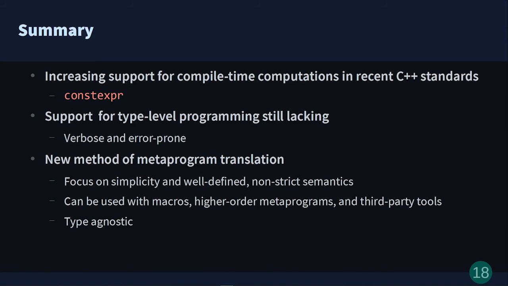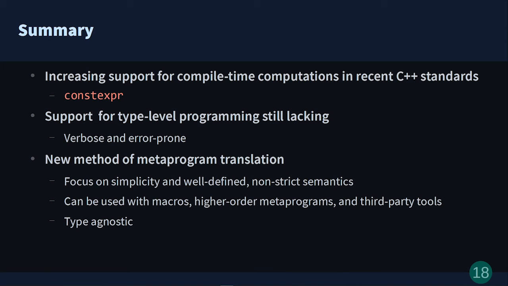So, to summarize, compile-time computations are gaining support in C++, but type-level programming is still verbose and error-prone. We can avoid these problems by describing metaprograms in a different language and then translating back to C++ templates. This way, we can write succinct programs and the boilerplate is added by the translation automatically.